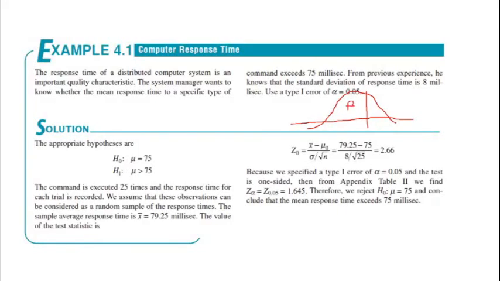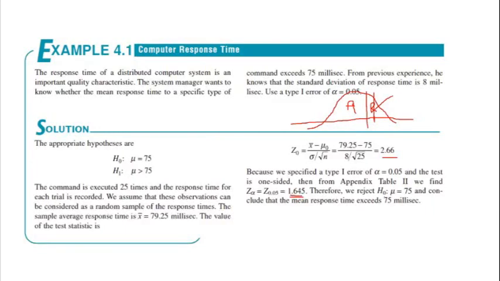Yung A natin, which is yung acceptance region natin. And then ito yung rejection region natin, yung R natin. Yung 2.66 is mas mataas siya sa 1.645. Therefore, yung 2.66 natin is nasa labas na siya ng 1.645. Kaya yung area na to is rejection na siya.